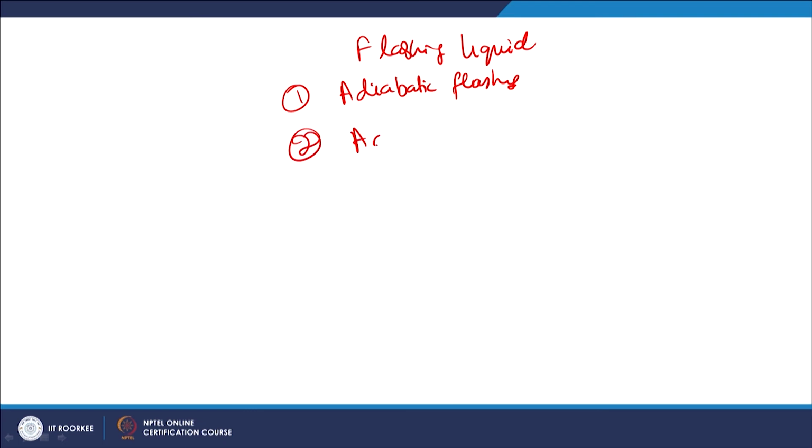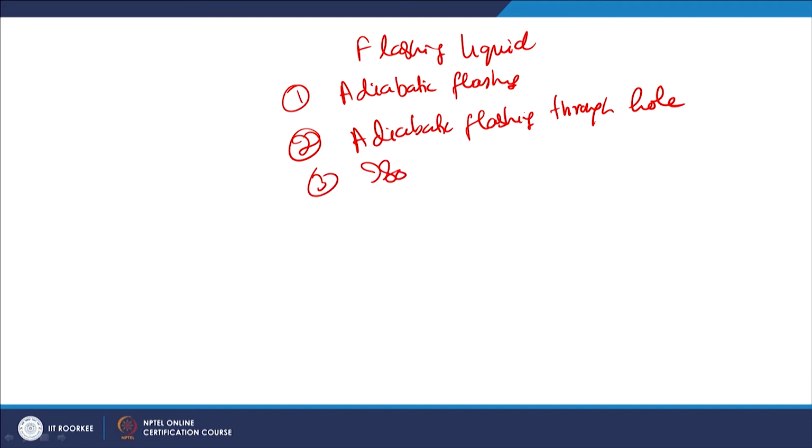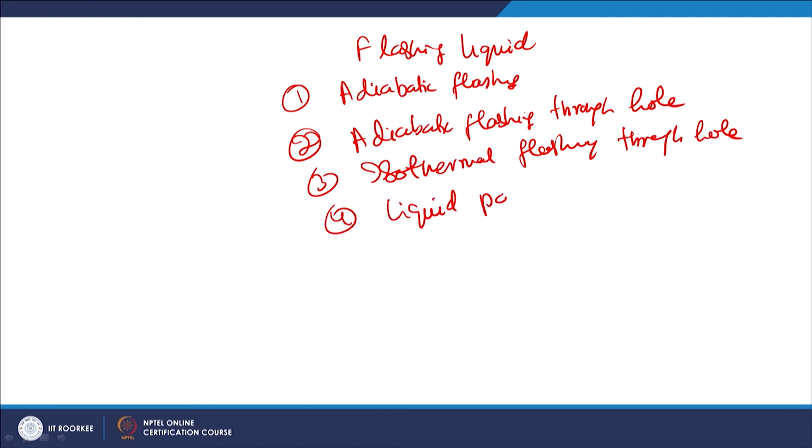Second is adiabatic flashing through a hole. Third is isothermal flashing through a hole, and fourth is liquid pool boiling.